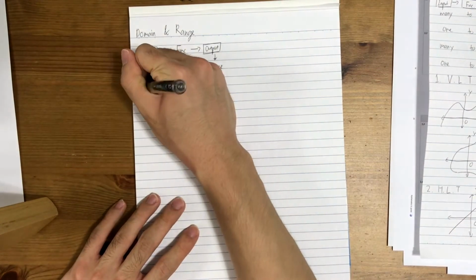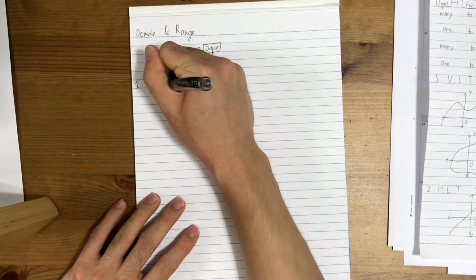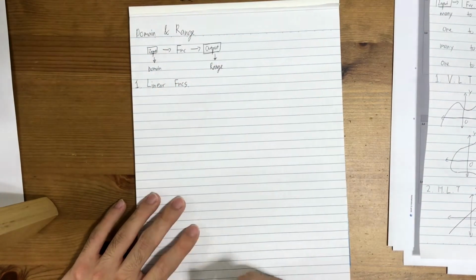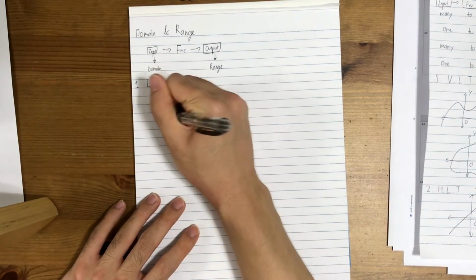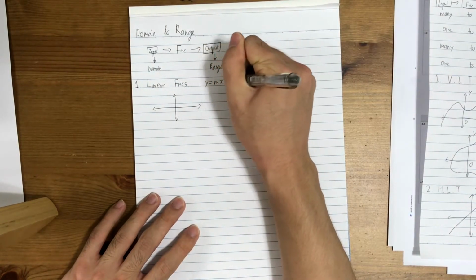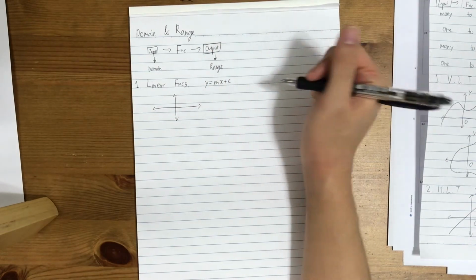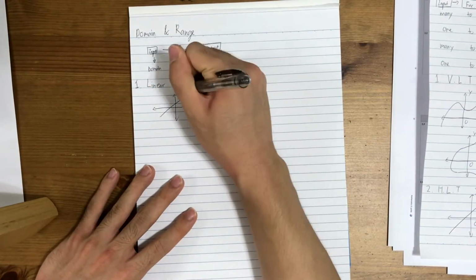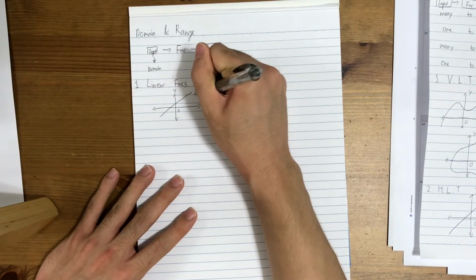First, let's start with a linear function, the most basic one. A linear function is a function in the form of mx plus c, where it has a gradient and a certain point. So for example, let's say we have a linear function like this.